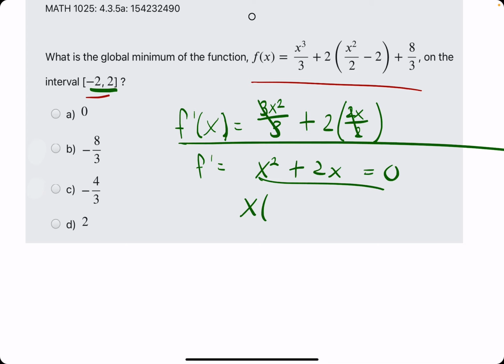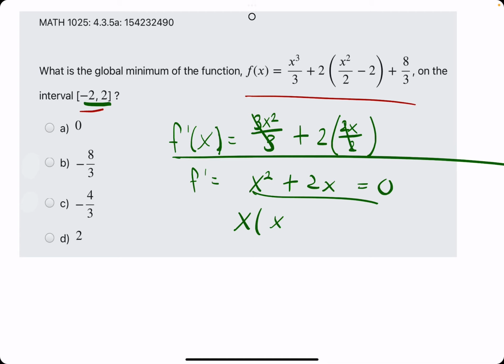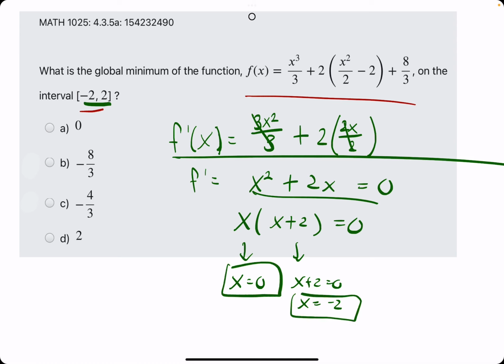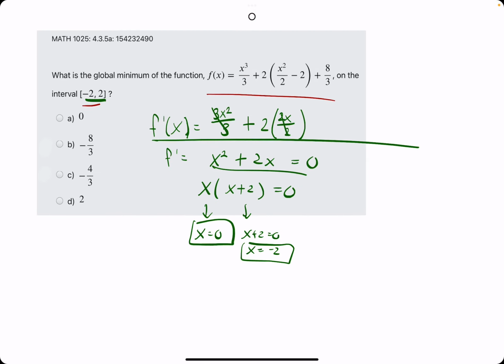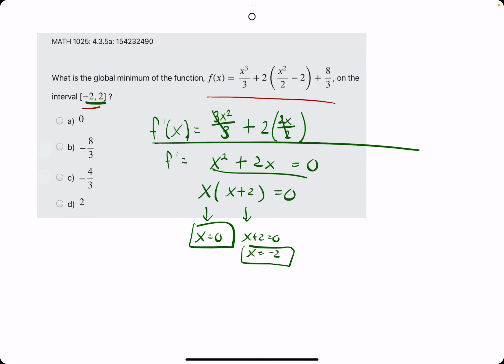Pulling out an x, which they both have in common, we are left with x plus 2. Now we set each of these factors equal to 0 and solve for x. We get x is -2 and x is 0.